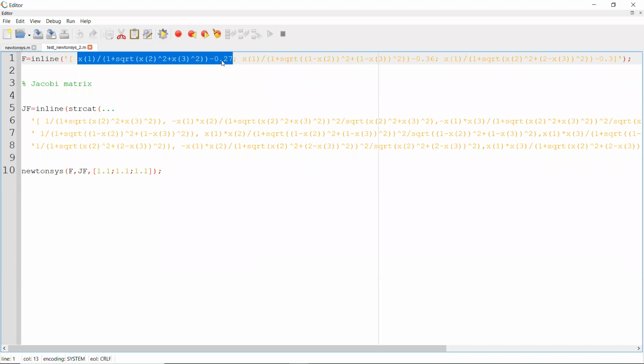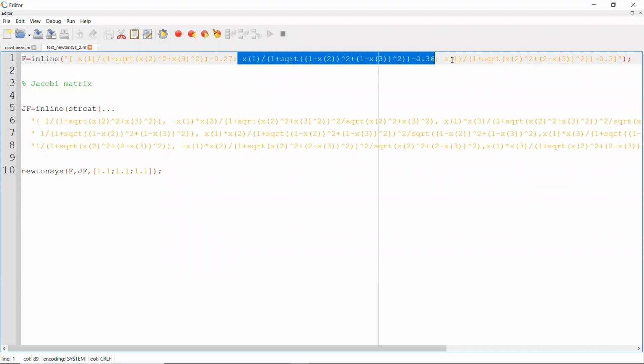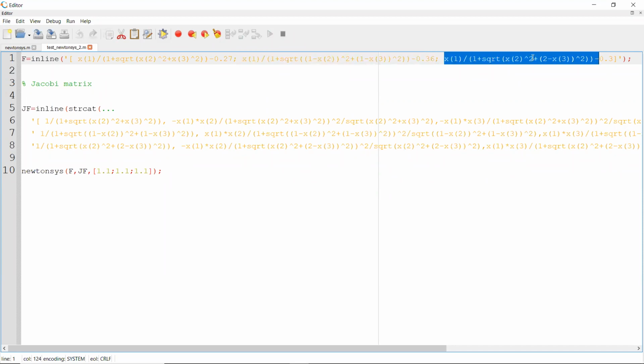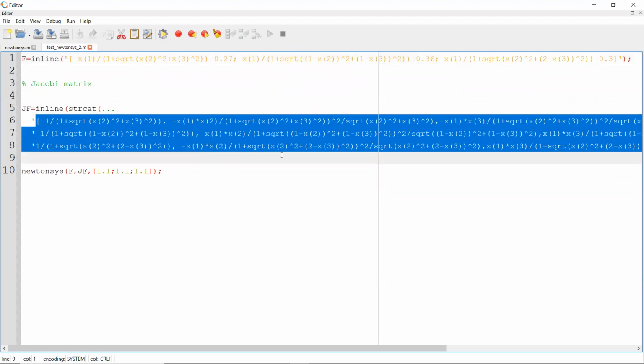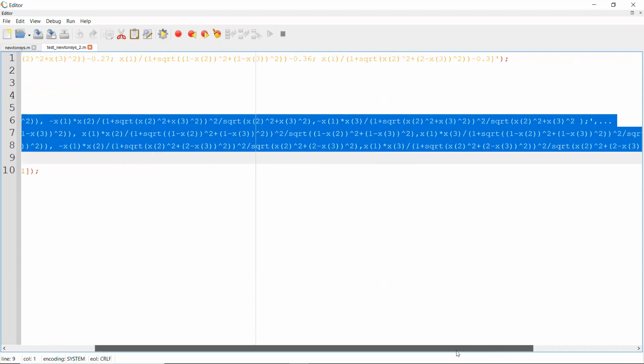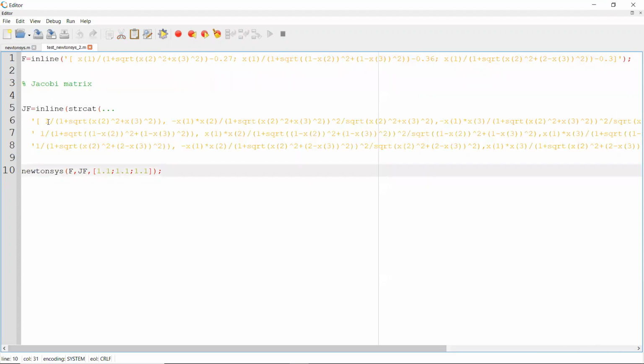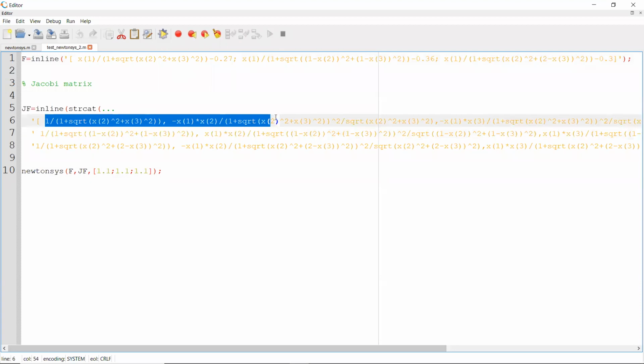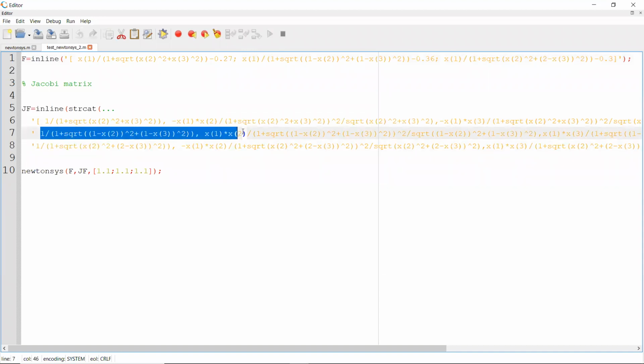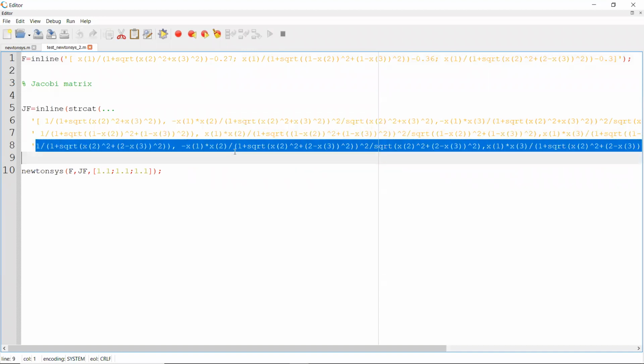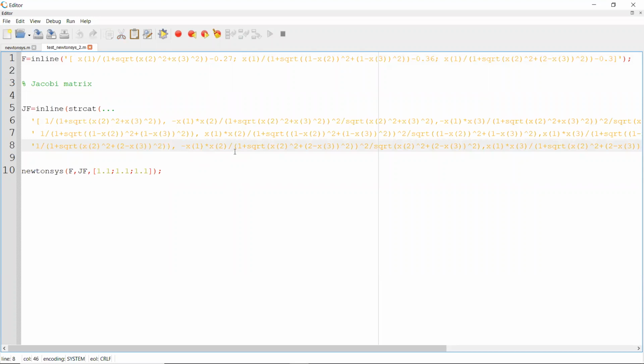And so this is the first coordinate function, then the second coordinate function, and the third one. And here I have the Jacobian matrix. You see that it's quite long. In the first row I have the derivatives of the first function, then the derivatives of the second function, and for the third I have to calculate this in advance.